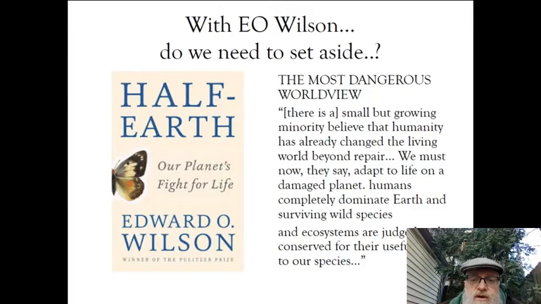And this is an extreme version of Anthropocenic thinking, which he characterized as being a view that since humanity has already changed the living world beyond repair, I'm quoting here, we must, they say, the extreme Anthropocenic thinkers say that we must adapt to life on a damaged planet, but in such a way that we evaluate the rights of other species on Earth in terms of their ability to furnish humans with a variety of ecosystem services.